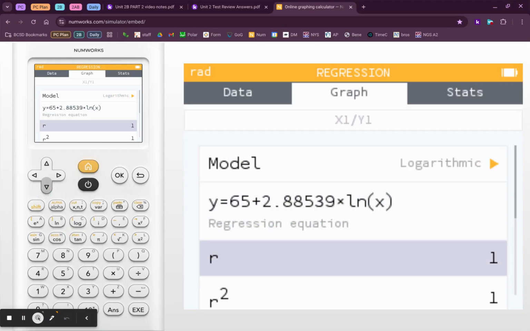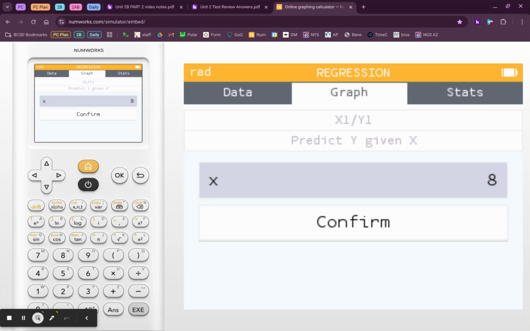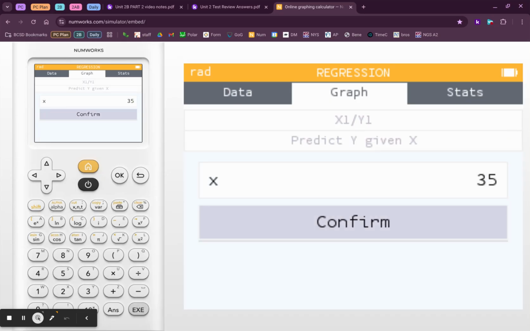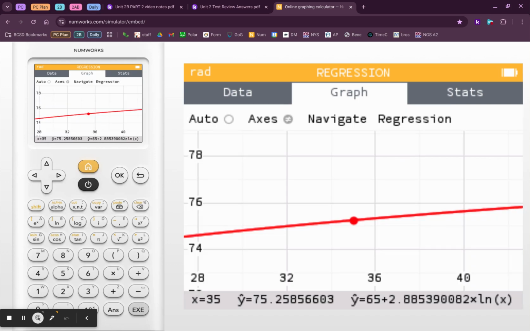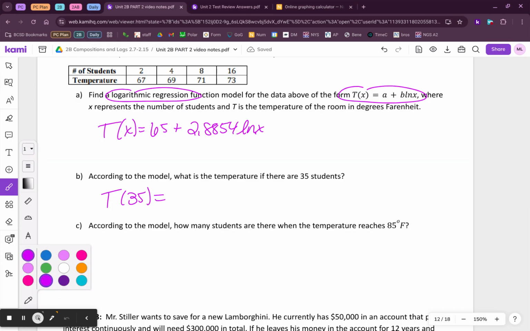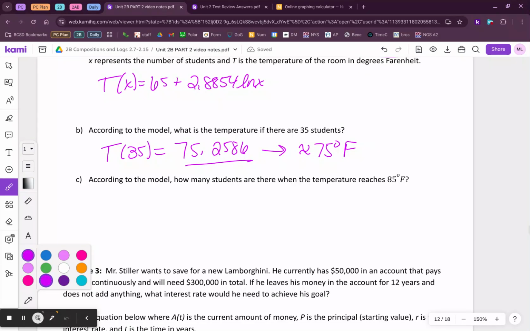So we can go back here, predict Y given X. And 75. So about 75 degrees. Always give the full decimal and then round it if you want to. That way both answers are there depending on what we're looking for.